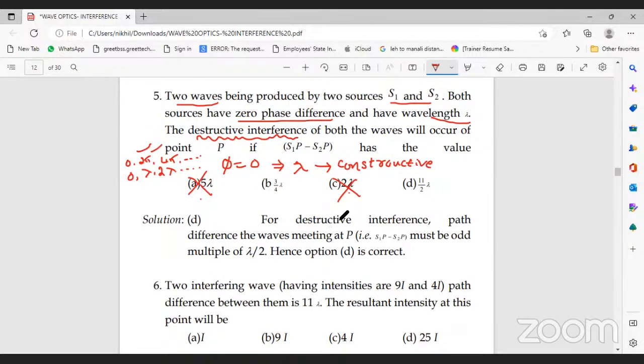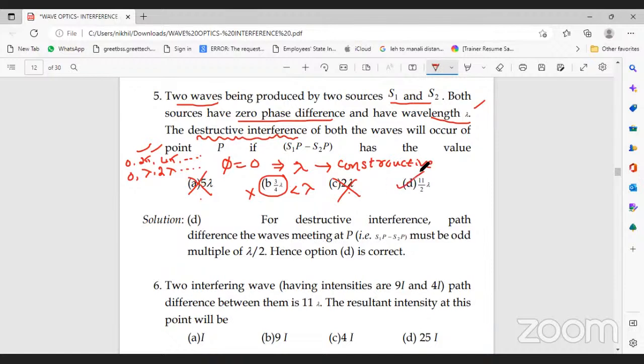And 3 by 4 lambda is not at all possible because 3 by 4 lambda is less than lambda. So this is also not possible.